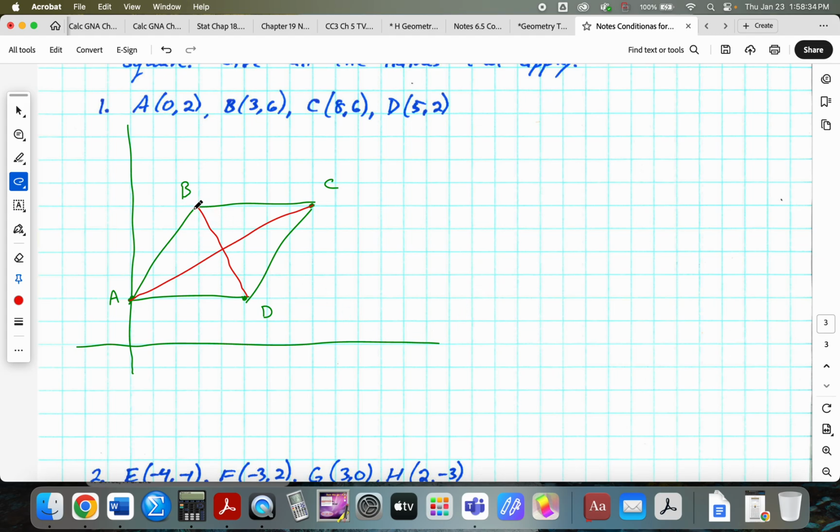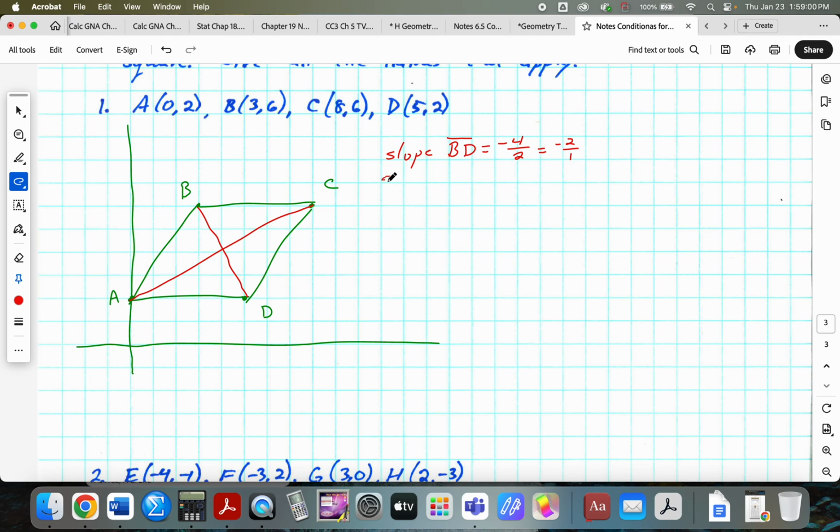So from B to D, the slope of BD. We go down 1, 2, 3, 4, and to the right 2. So that's -4 over 2, which is -2 over 1.